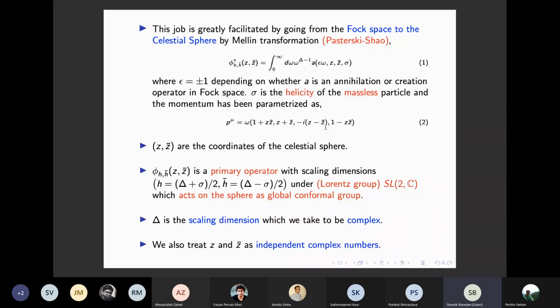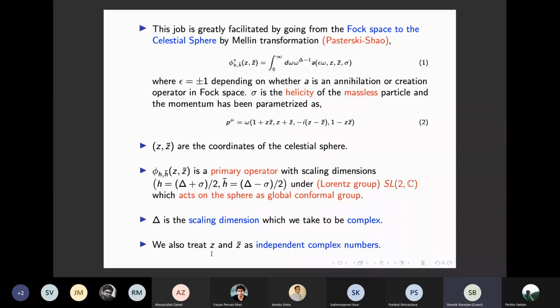But we will also analytically continue this, where we will treat z and z bar as independent complex numbers. So in that case, p mu is not necessarily real. If you go back to the Fock space here, actually.